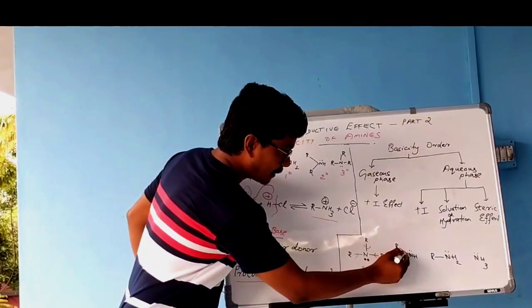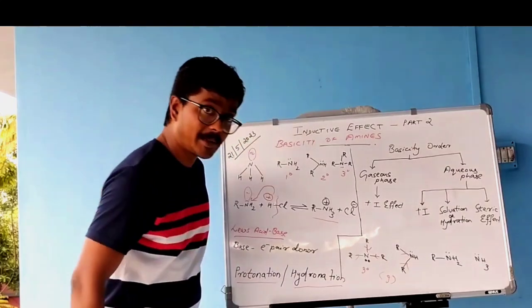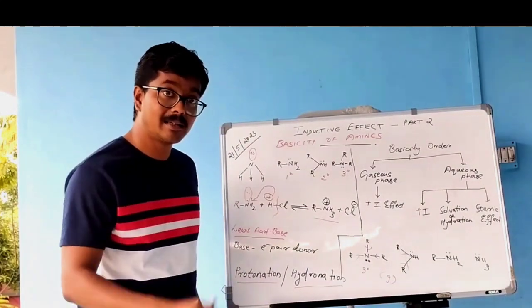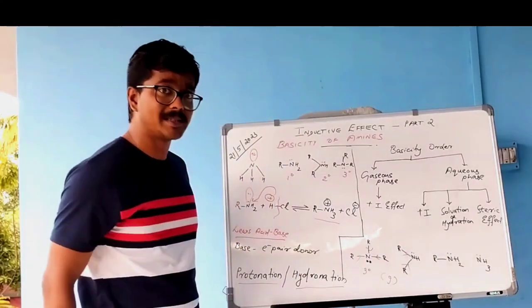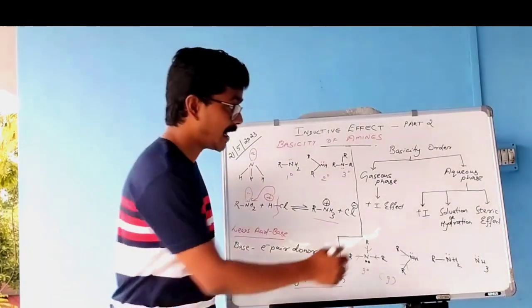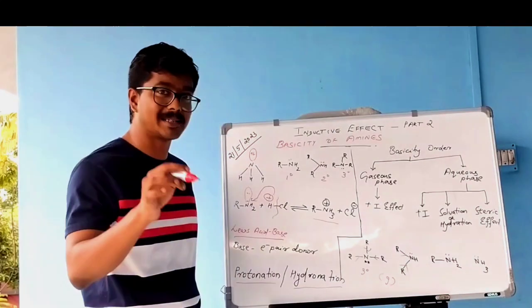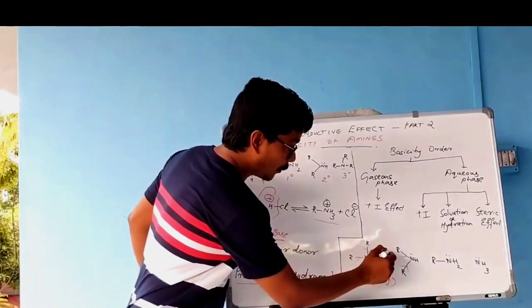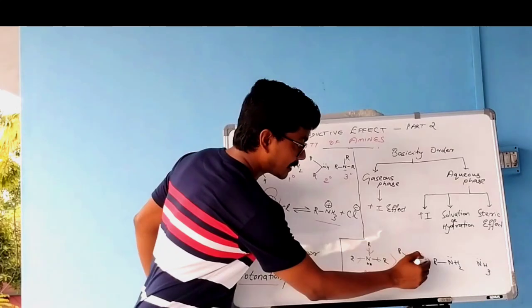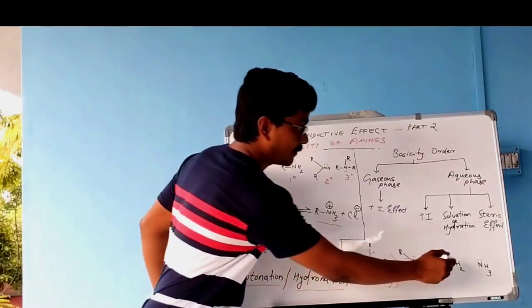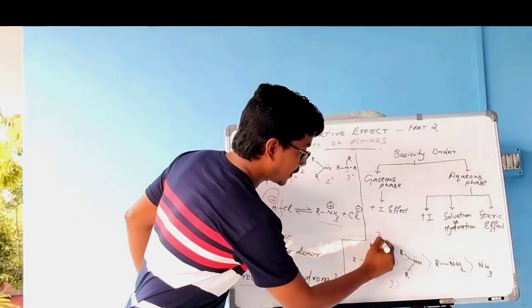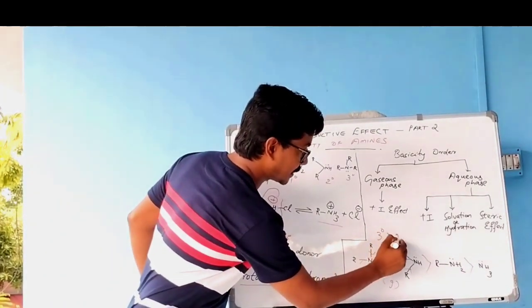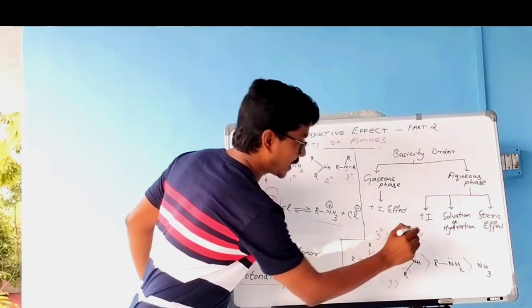And in the case of a secondary amine, two alkyl groups are there, and in the case of a primary amine, only one alkyl group is there. So plus effect is very less. And when we consider ammonia, plus effect is nil. So the order of basicity will be tertiary greater than secondary, which in turn is greater than primary.